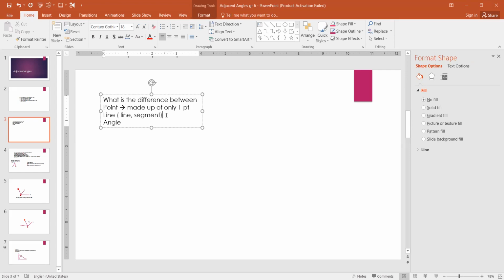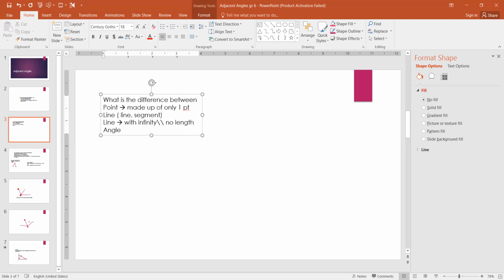The second, the line, which is infinite, or in other words, there is no limit, no length.